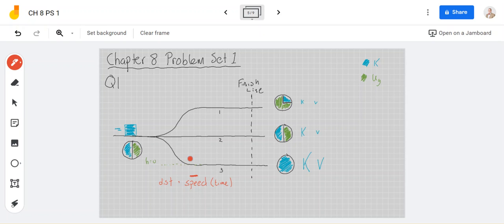What I notice is that since this has the largest average speed, a bigger speed would result in a smaller time, and a smaller speed would result in a bigger time. So there's an inverse relationship between speed and time. Since this was going the slowest, it would take the biggest amount of time, then a medium amount of time, and a small amount of time.